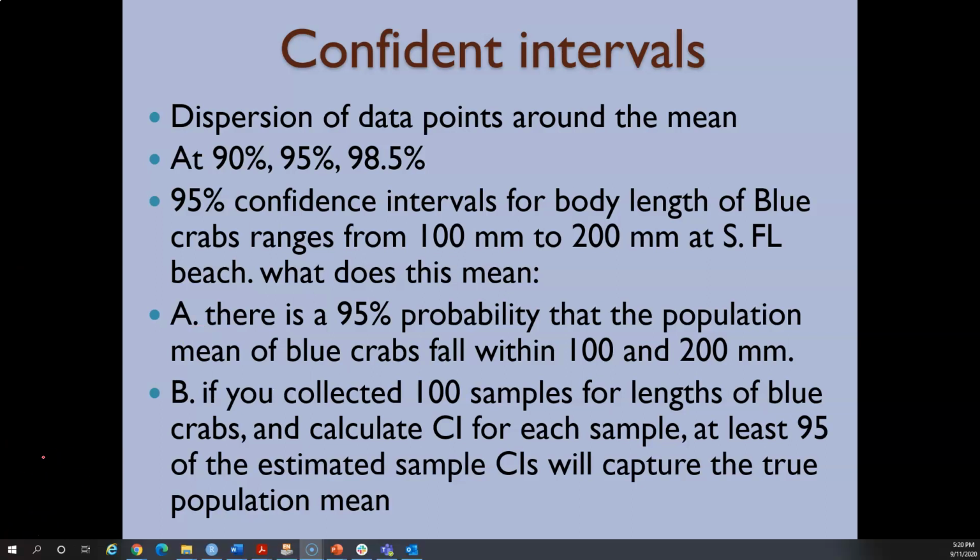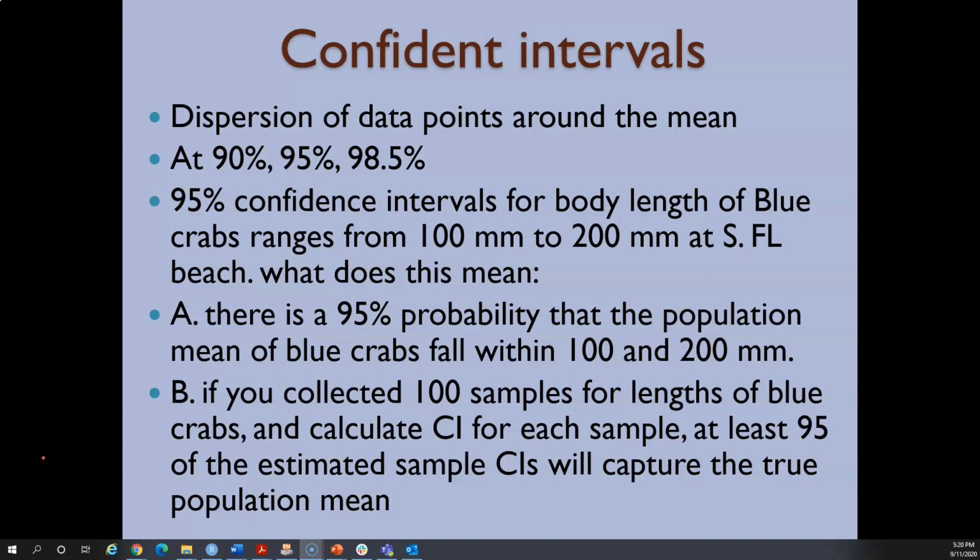Okay, let's look at that in another way. Remember, you collect data for a sample, but you're trying to reach conclusions about the population, right? So if you collect 100 crabs, measure lengths for all 100 of those crabs and calculate the confidence interval for all of those, at least 95 of those intervals will capture the actual population mean.